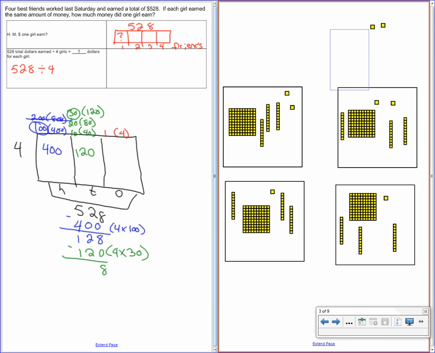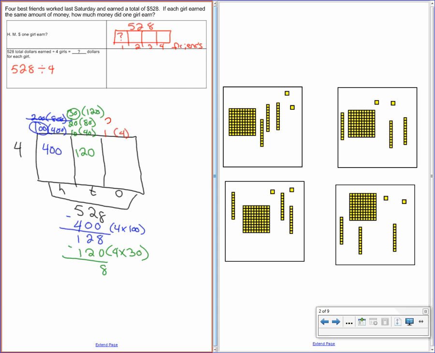They're so small, it's hard to grab them. 2 ones, that's worth 8. And I'm not even going to bother doing 3 ones because I don't have any ones left. So I did give each group 2 ones. That was worth 8. So if I give away 8, and remember that was 4 times 2, I get 0.